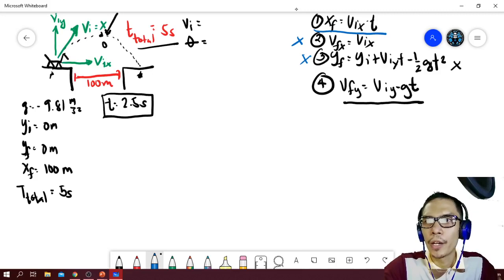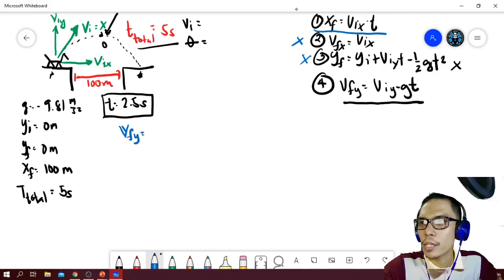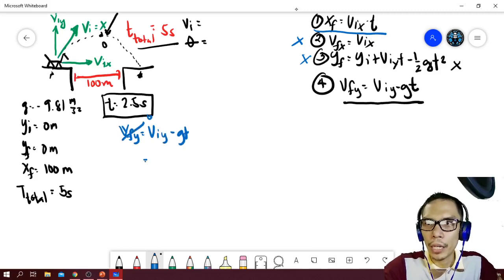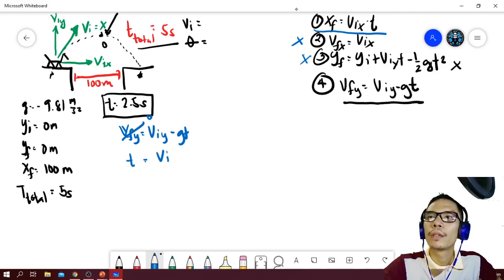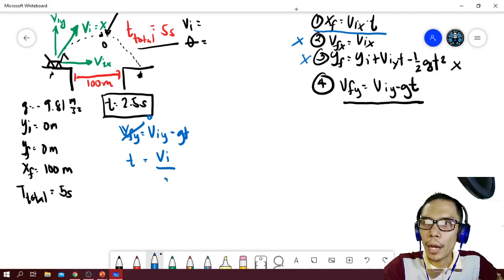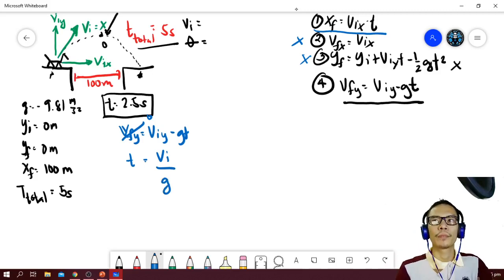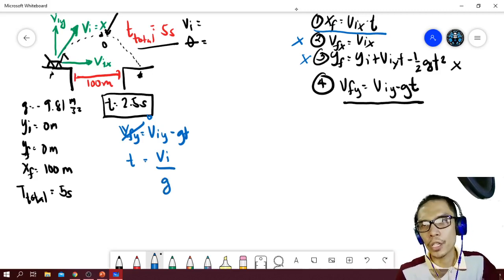Let's start first with formula number 4. v sub fy is equal to v sub iy minus gt. Then this is 0, so we can eliminate that one. So time is equal to v sub i over g.